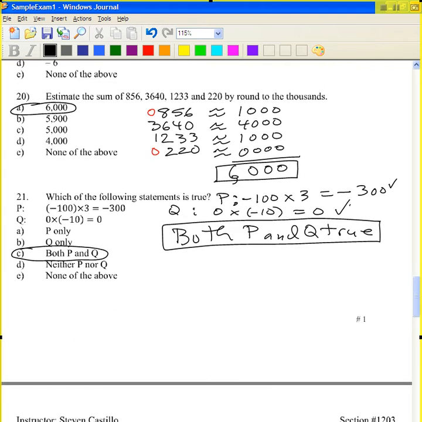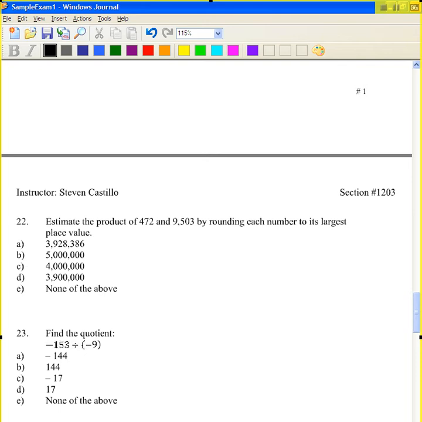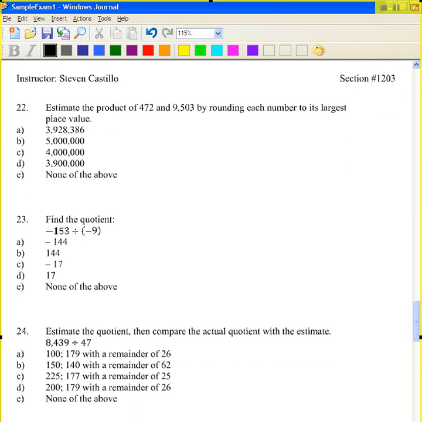22. Estimate the product for 472 and 9503 by rounding each to the largest place value.